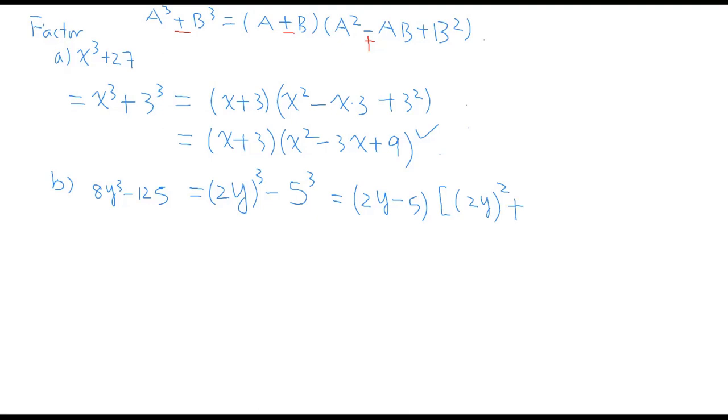And then plus a times b, 2y times 5, and then plus 5 squared. And simplify. So we have 2y minus 5 times 2 times y, both squared, so you have 4y squared, plus 10y, and plus 25.